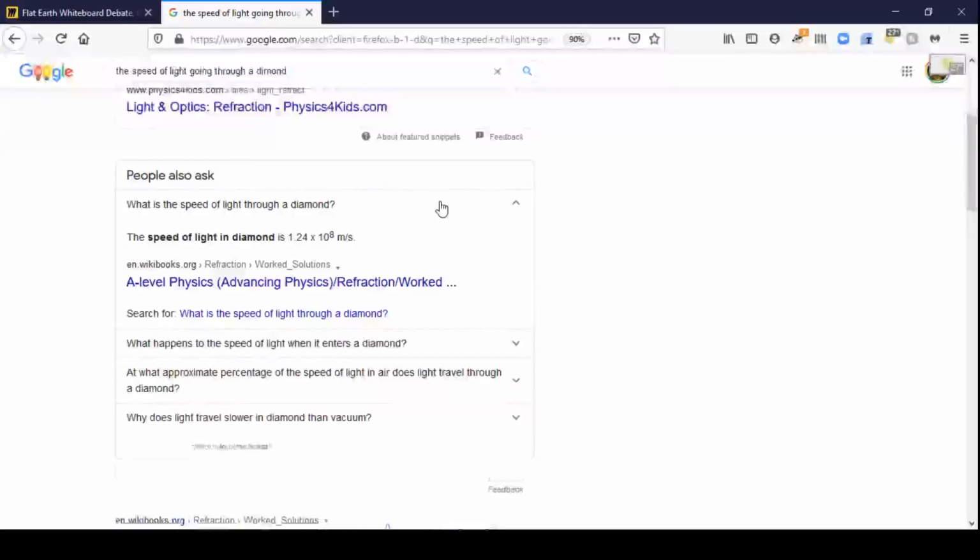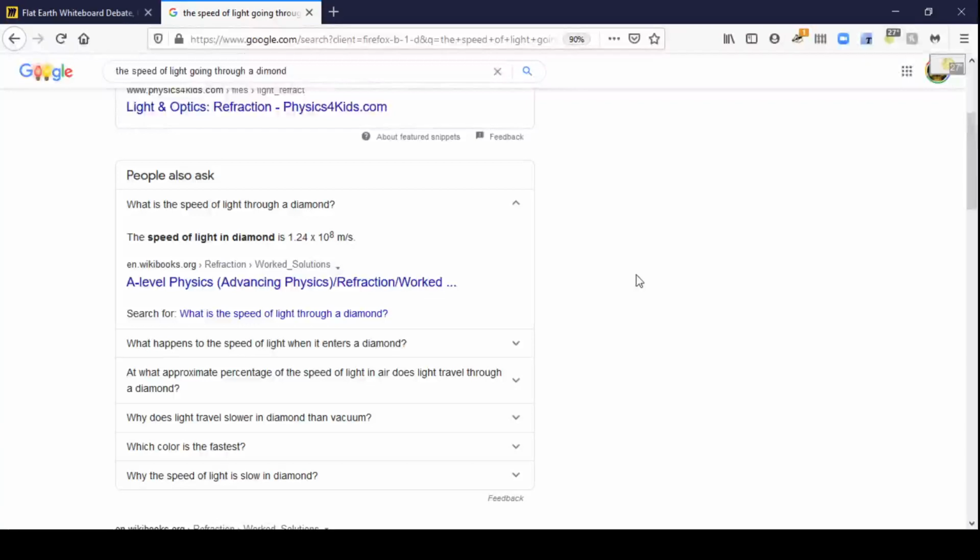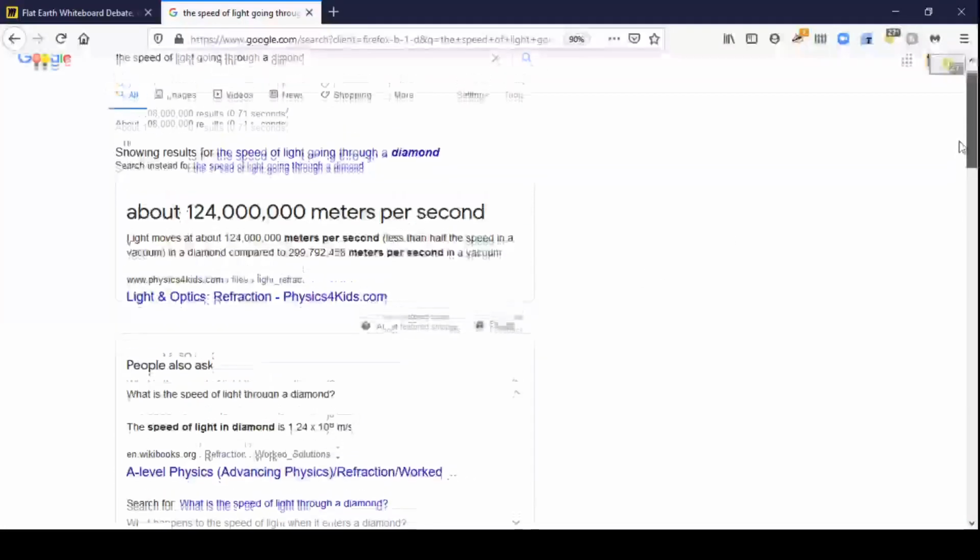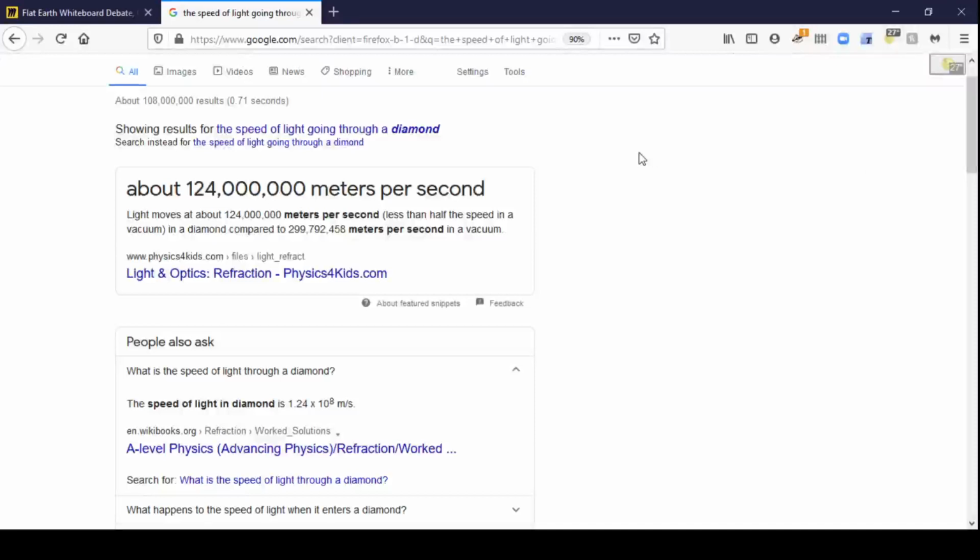Well, it said it right there, 1.24 times 10 to the... Wow. Well, that's what that is. 124 million meters a second. Okay, that's a million. 124 million. That is slow.